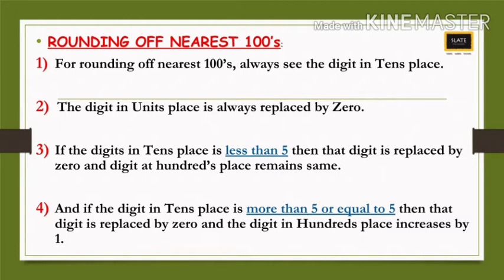If the digit in the tens place is equal to 5 or greater than 5, it is replaced by 0 and 1 is added to the hundreds place digit. If the digit we are comparing in the tens place is equal to 5 or greater than 5, it is replaced by 0 and 1 will be added to the hundreds place digit.